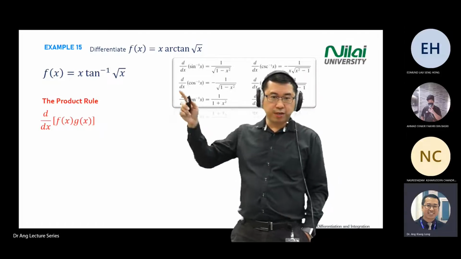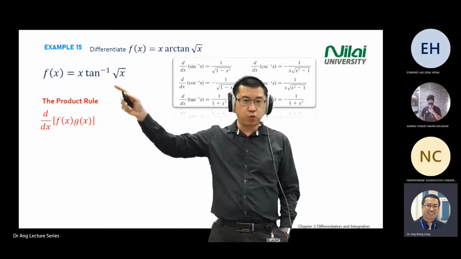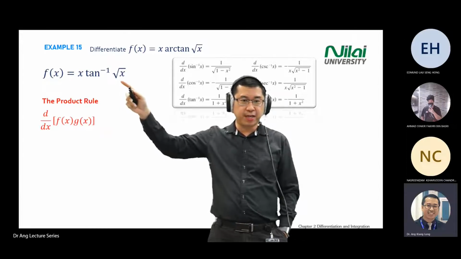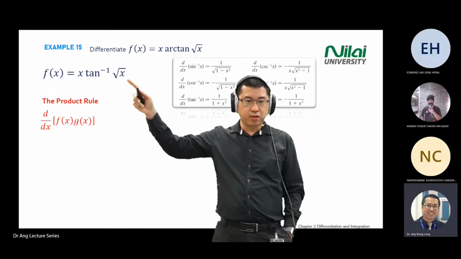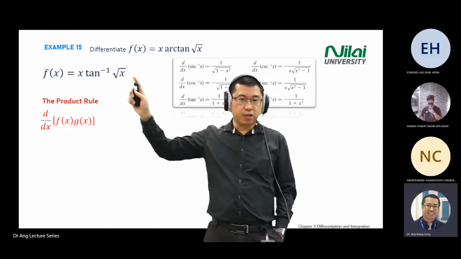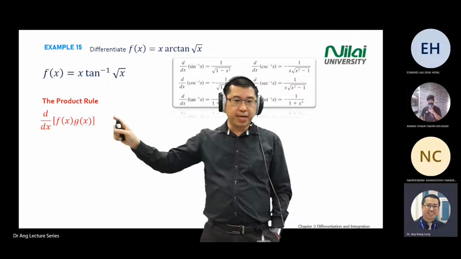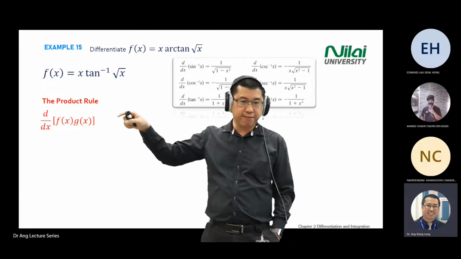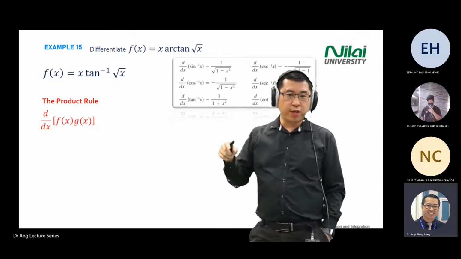For this question, you have 2 entities there: x and tangent minus 1 of the square root of x. You can see this as a product. For trigonometry questions, most of the time they are products, meaning you can see them as f times g, two functions, or you can see them as u and v.